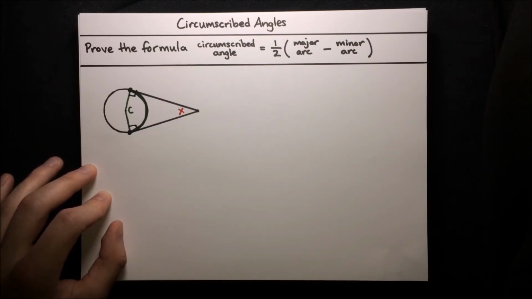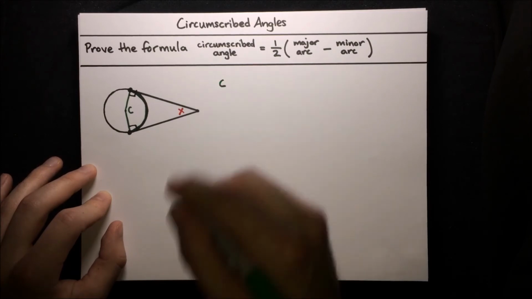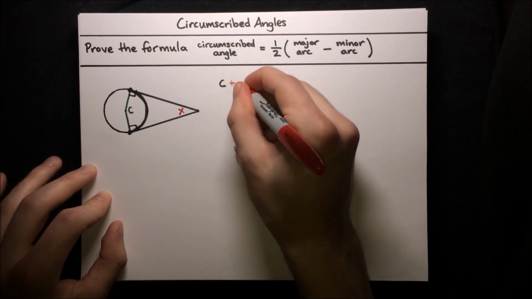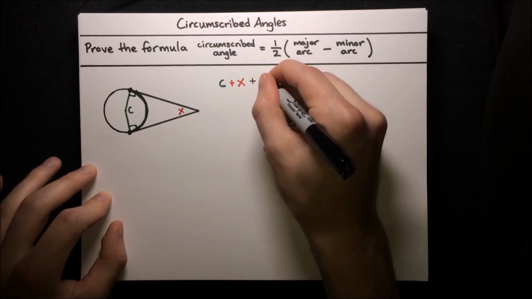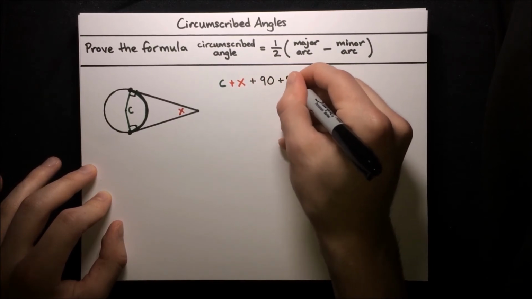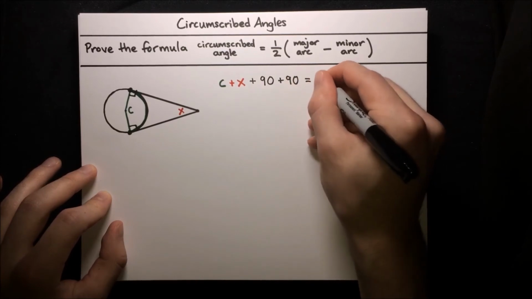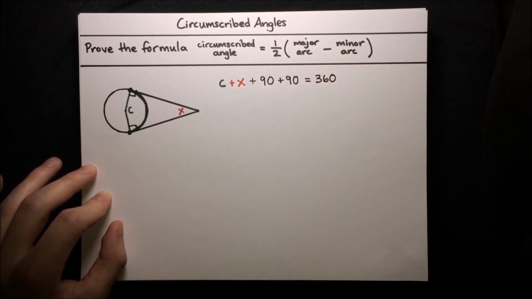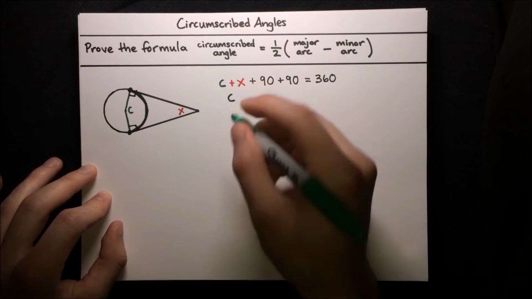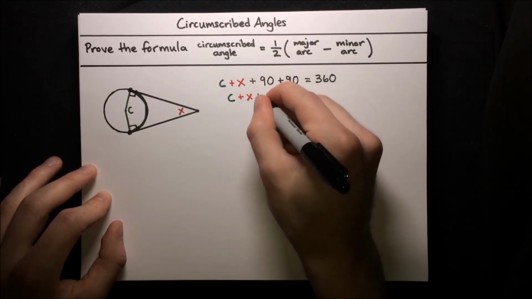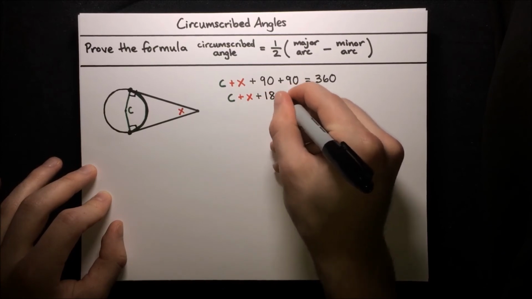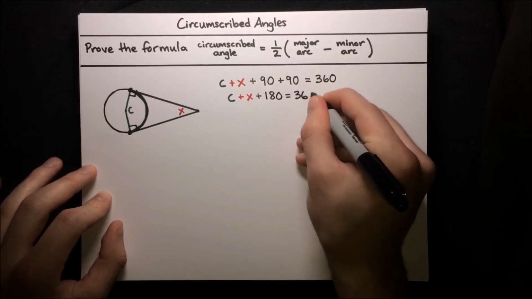So adding up all the angles, we have our C plus X plus our two right angles, 90 degrees each. That has to equal 360. Simplifying, we have that C plus X plus 180 is equal to 360.